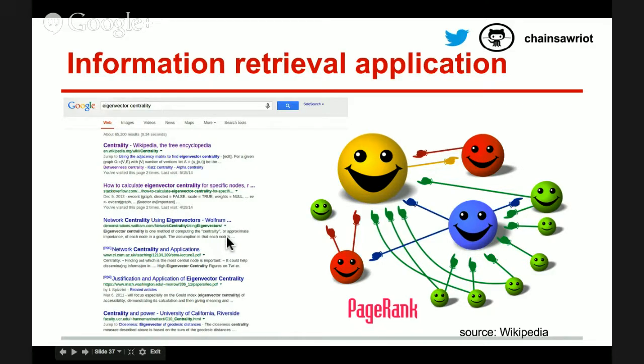Google makes a lot of money using this kind of ranking. So if you can master all this social network analysis, you can also make a lot of money as well.